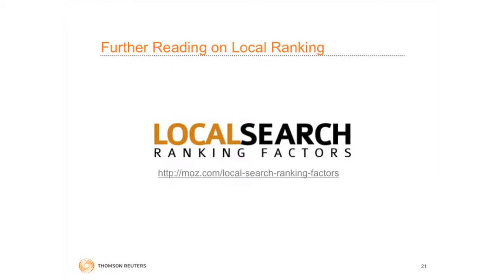So if you were to look at all the list of what affects local search result rankings, it's basically a fanned out version of these 4 factors that I just went into detail on. I believe the last study outlined about 80 or so factors, but it's very, very helpful information, and anyone who's interested in local search and optimizing a business for local should definitely look into these local search ranking factors.